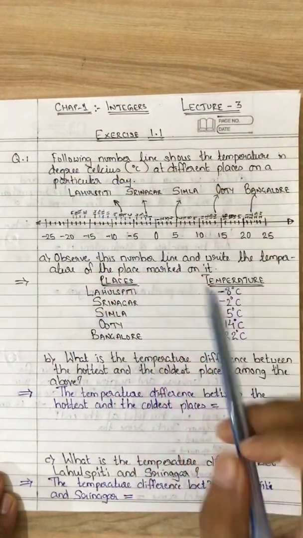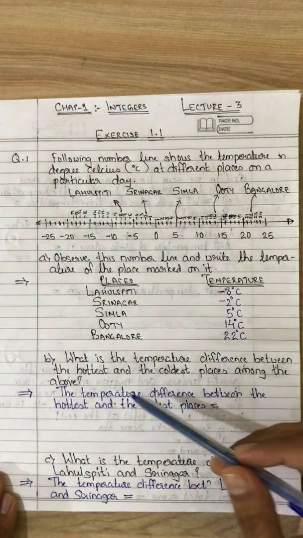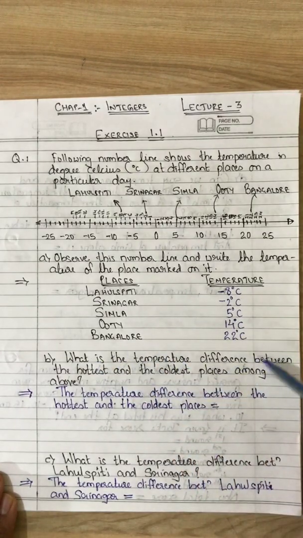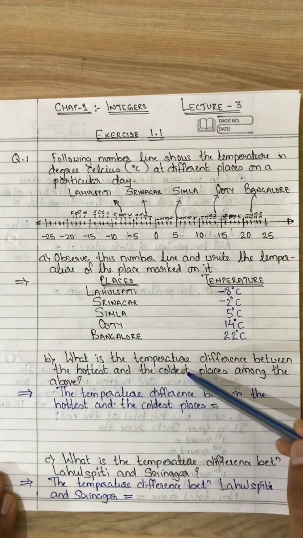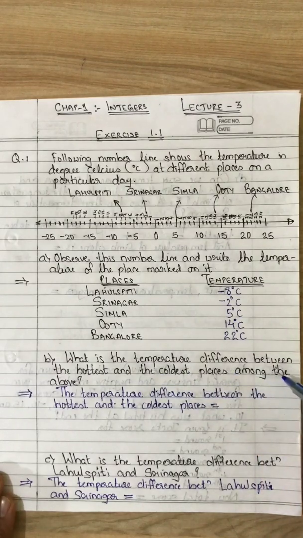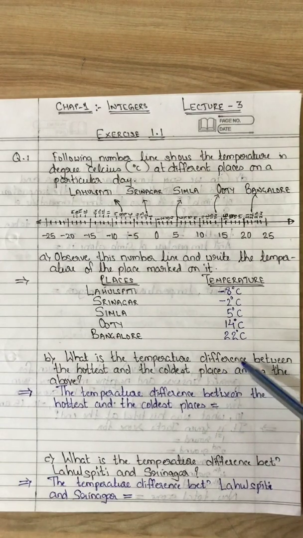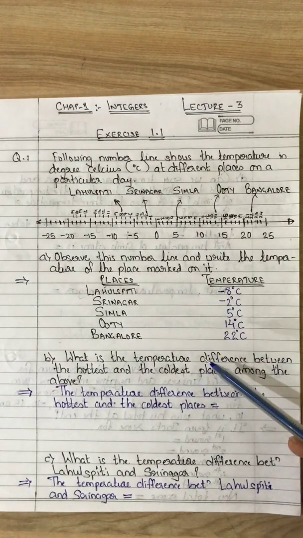Now students, let us move to the next portion, that is question B of question number 1. The question is, what is the temperature difference between the hottest and the coldest places among the above? See students, they have asked us the temperature difference. First thing, temperature difference means minus of the temperatures.